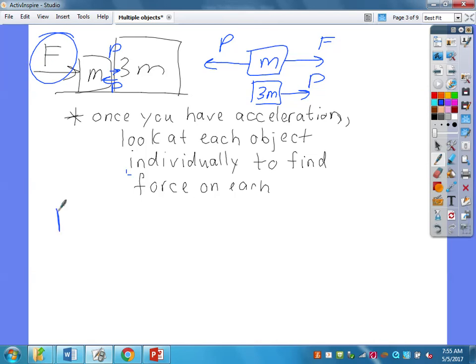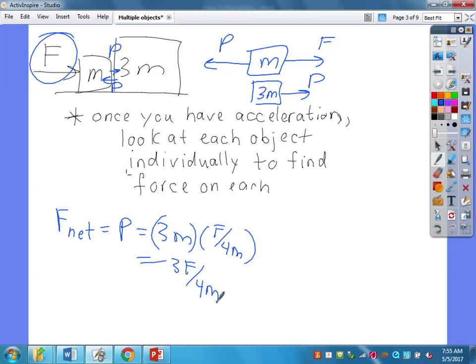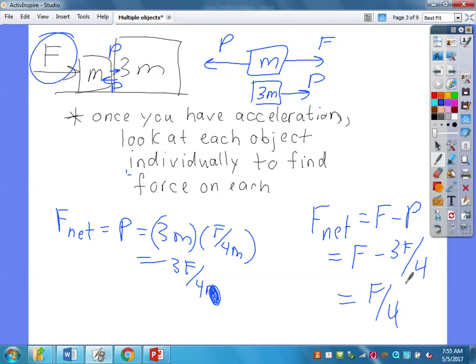Well, that's the net force on 3M, which we just found. Net force is equal to P, which is equal to 3M times F over 4M. So P equals 3F over 4, which then makes sense for M, because I can say net force equals F minus P. F minus 3F over 4 leaves me with just F over 4 as the net force on box M. Okay?